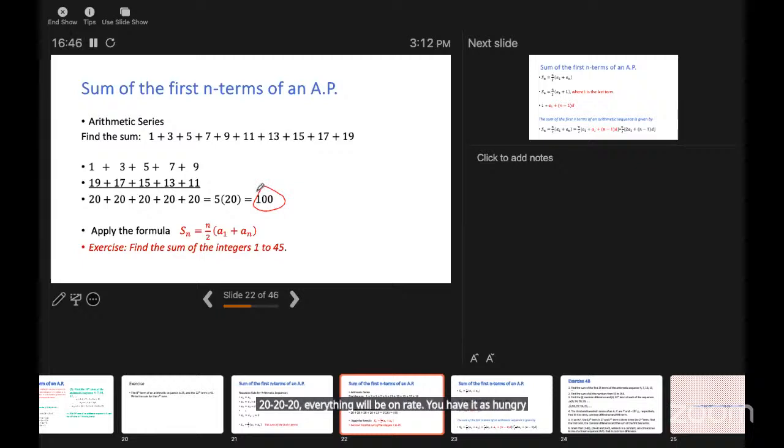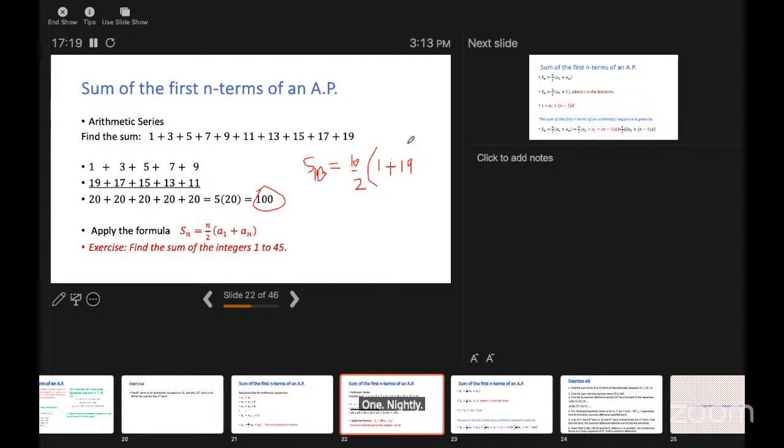But let us use the formula and see whether we get the same. Sn equals, how many terms are here? There are 10. So the sum of the first 10 numbers is n over 2, which is 10 over 2, into the first term 1 plus the last term 19.